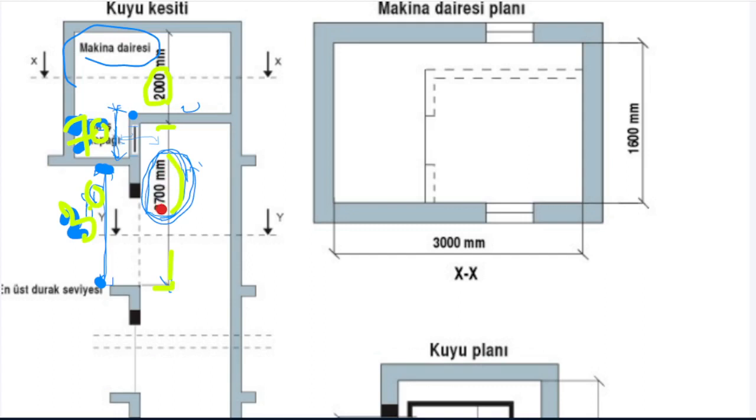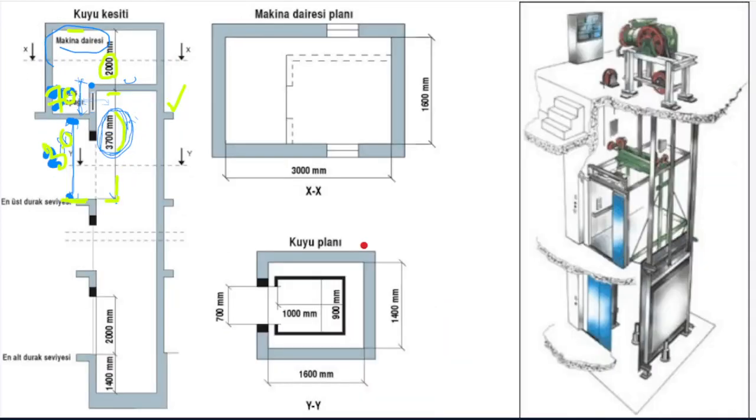So consider that from here to here should be how much? 5.70, minimum, from here to here. So please, this is a very critical part that you should keep in your mind.